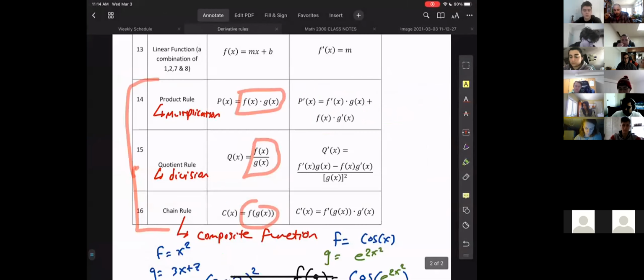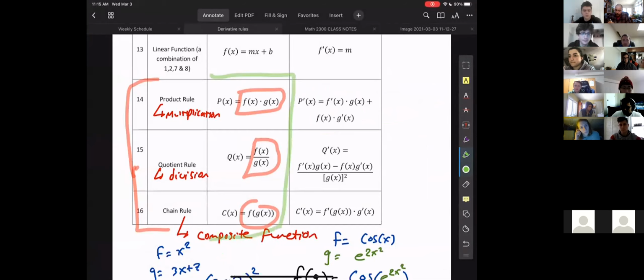And if it's not a super simple function, which at this point we're not going to be looking at for the most part, it's probably going to be one of these three things. The more you look at these, the better you'll get, but it's usually pretty clear that it's one and not the other.